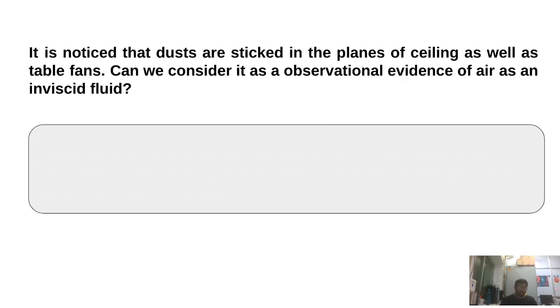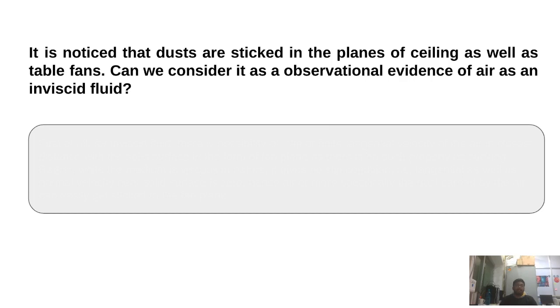First of all, the question relies on the fact that whenever there is some sticking, that sticking comes from the viscosity, right? So if there is some evidence, it is really of the air as a viscous fluid rather than an inviscid fluid, correct?